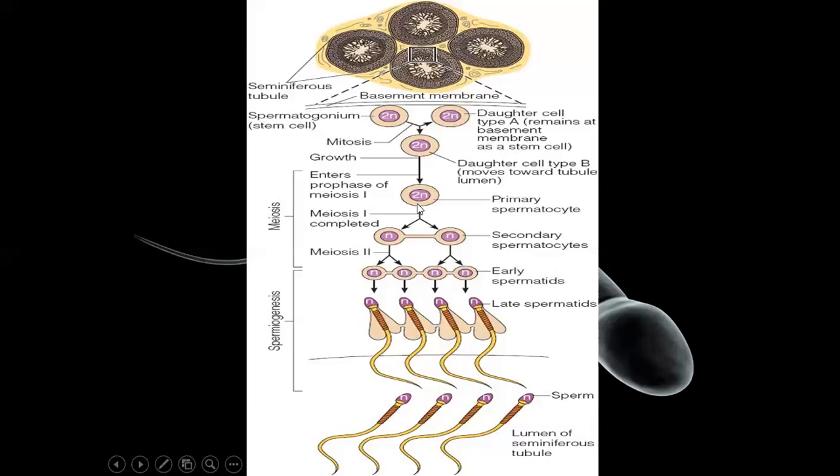From a 46-chromosome cell, it gives rise to two daughter cells, each containing half of the original chromosomes from the primary spermatocyte, giving rise to two secondary spermatocytes. These secondary spermatocytes undergo the process of meiosis 2.